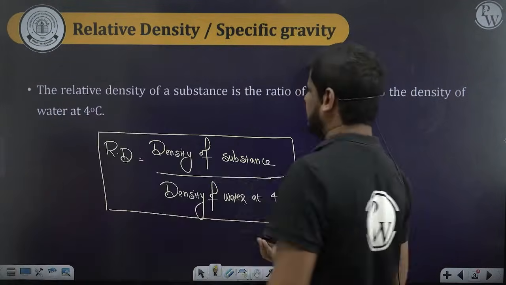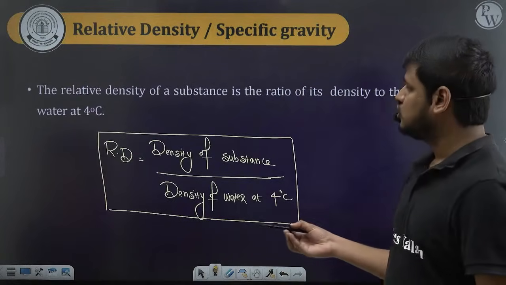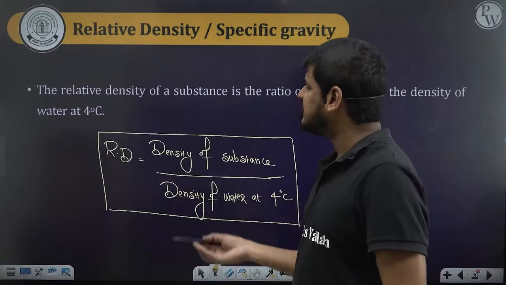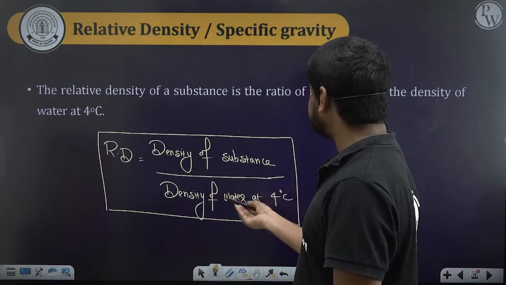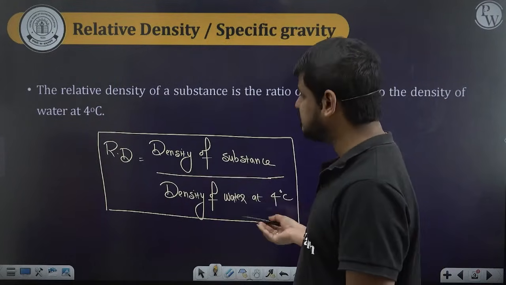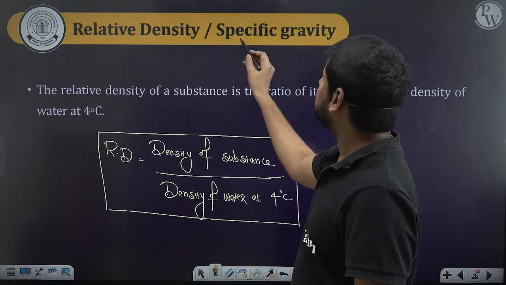Clear guys, everyone? If you take this relative density with the density of the substance and the density of water in gram per cc, in CGS units, then that is said to be the specific gravity.